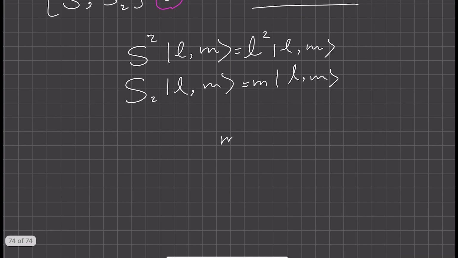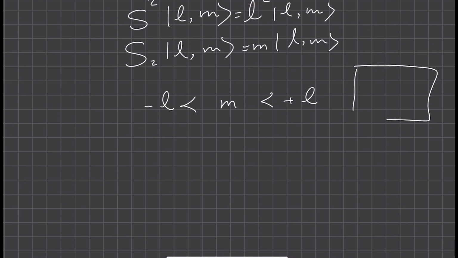M is always between plus L and minus L. Well, let's say S squared is a larger space and Sz is a smaller space, because S squared consists of Sz, but there is an algebra between them. So Sz and S have a commutation relationship.